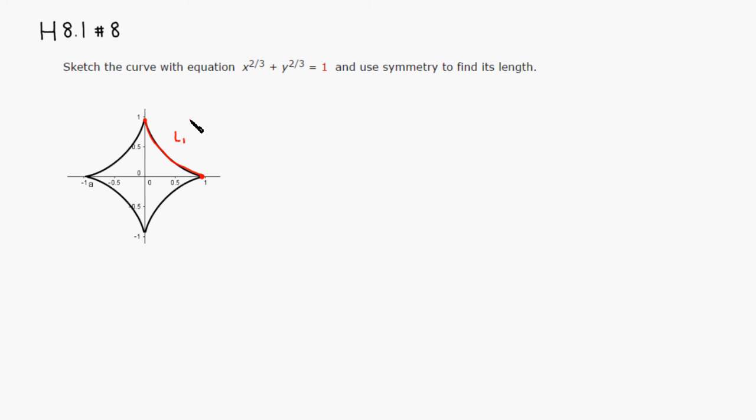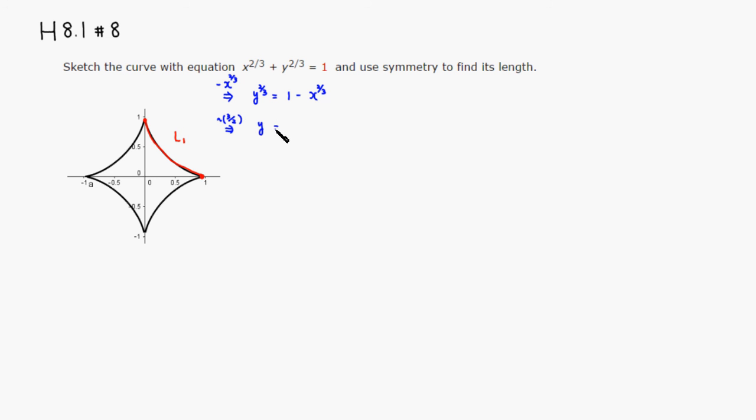Let's find the equation. Start with this original equation. I'm going to subtract x to the 2/3 power, so we have y to the 2/3 power equal to 1 minus x to the 2/3 power. Then we can raise it to the 3/2 power so that we can isolate y.